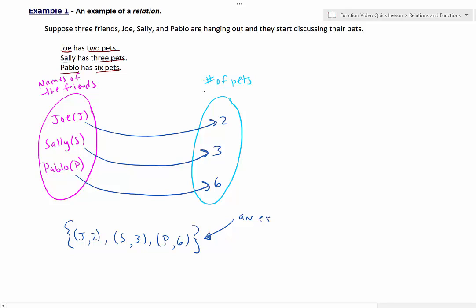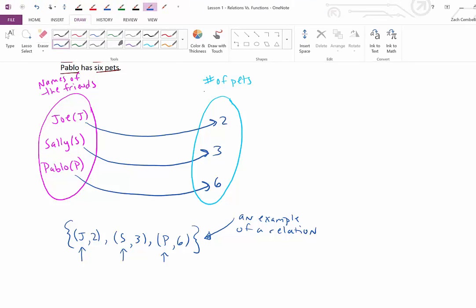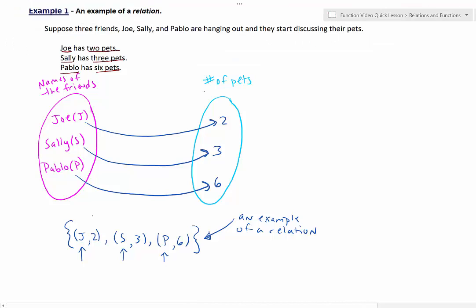This is an example of a relation. Now we can notice that in each of the first parts of these ordered pairs, as we're going to end up calling them, pairs of things, there are the symbols which represent the people's names, their initials. The second parts, that's the number of pets they got.